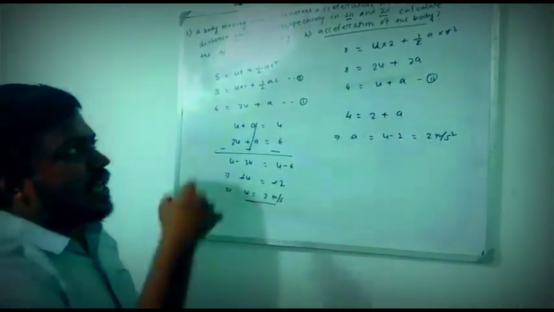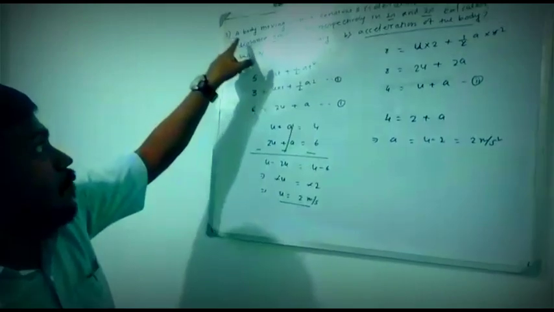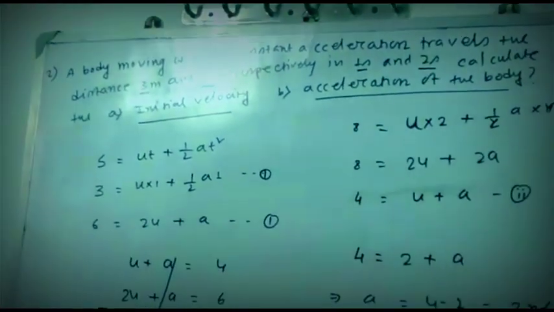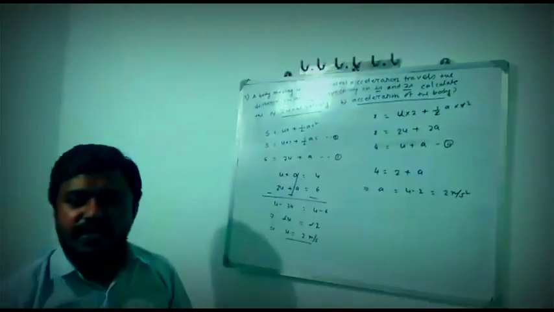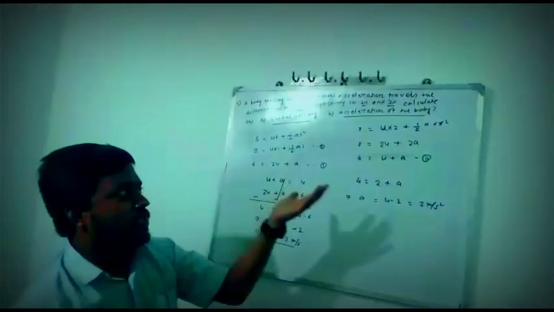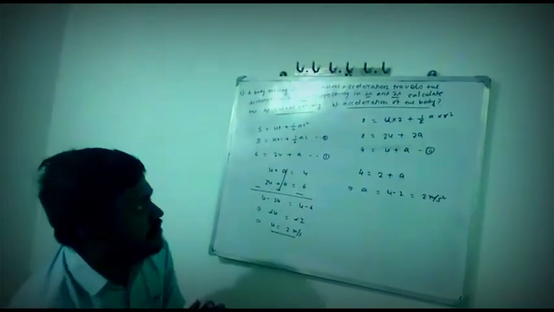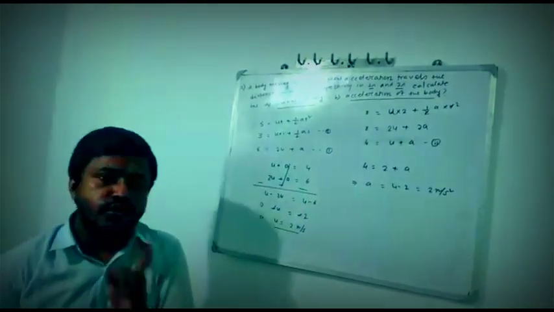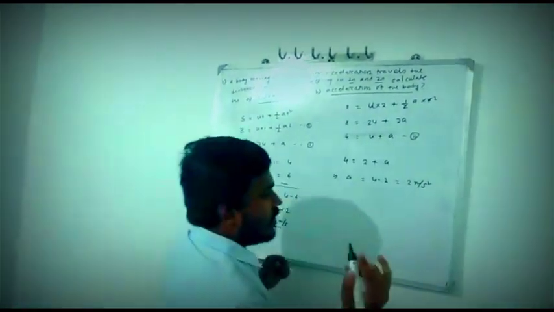Simply, dear students, once again I can explain the numerical. A body moving with a constant acceleration, meaning throughout its journey the acceleration will remain the same, traverses the distance 3 meters and 8 meters respectively in 1 second and 2 seconds. Calculate the initial velocity and acceleration of the body. Dear students, we have three formulas.